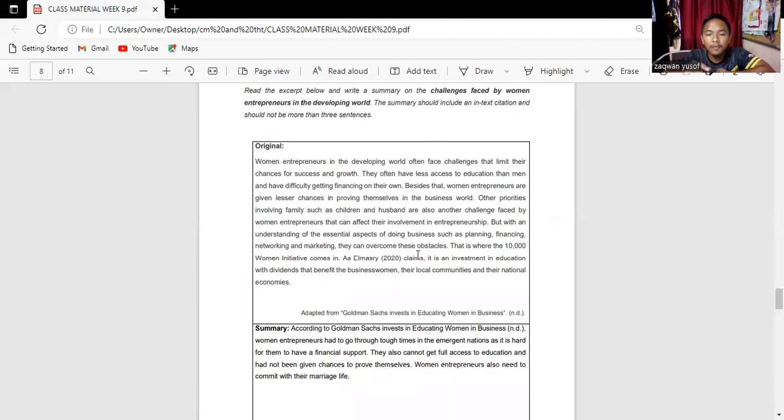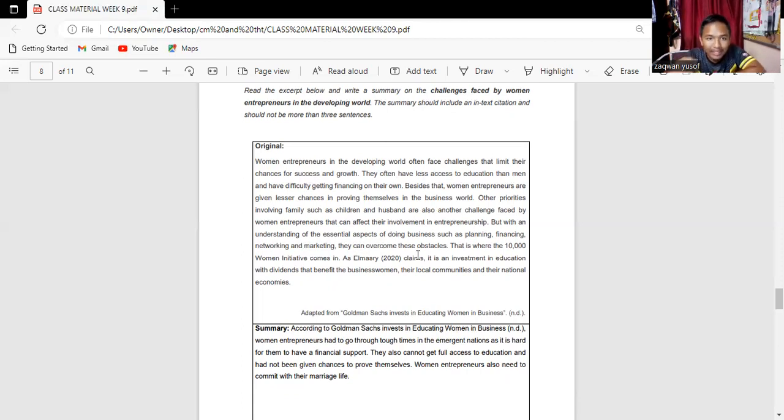They often have less access to education than men and have difficulty getting financing on their own. Besides that, women entrepreneurs are given lesser chance in proving themselves in the business world. Other priorities involving family such as children and husband are also another challenge faced by women entrepreneurs that can affect their involvement in entrepreneurship.